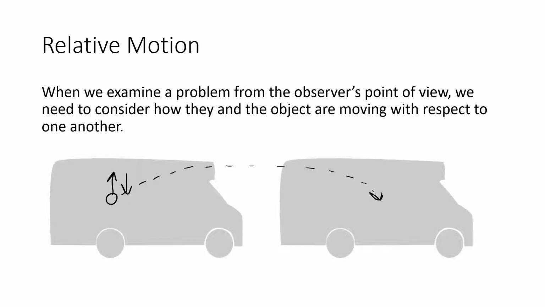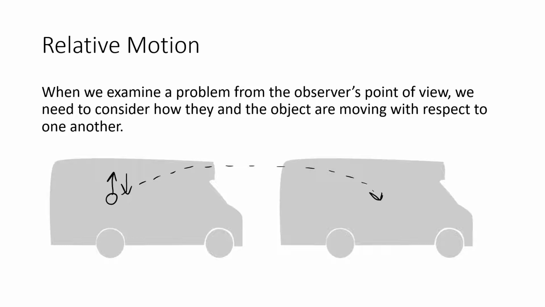They're just throwing it straight up, straight back down. So this is sort of the example that it doesn't have to be a direct toss at an angle. You can have these combinations of vectors from different reference frames. Relative motion, yeah.